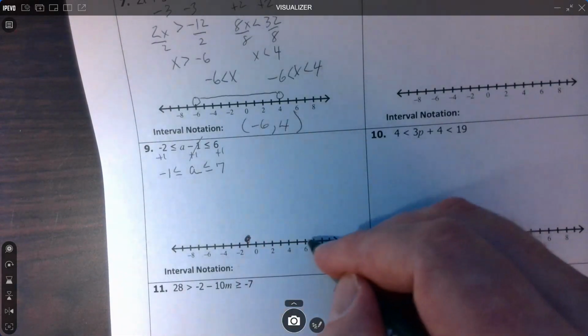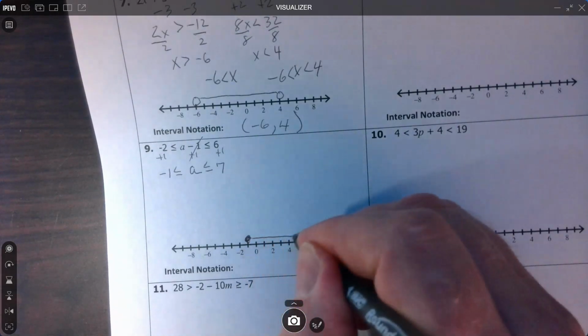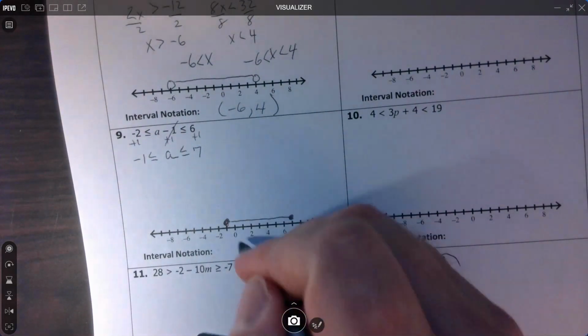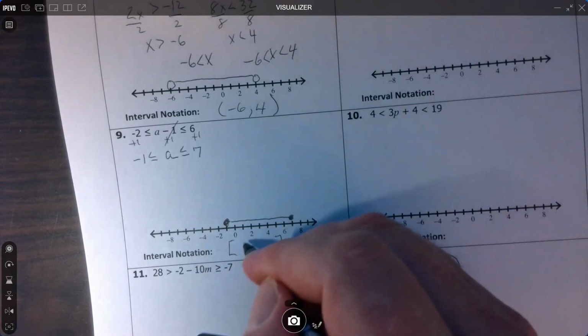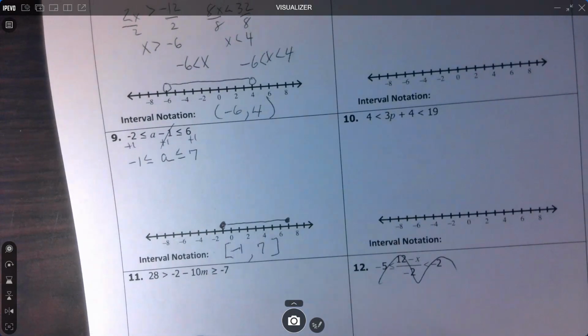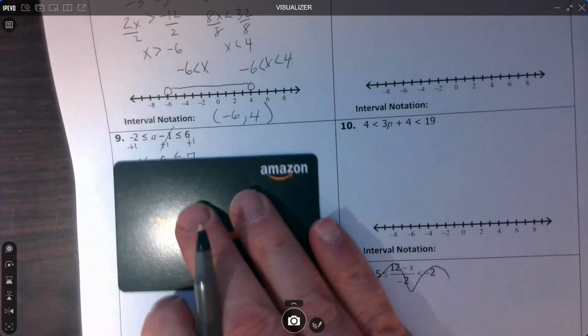The 7, which is also a closed dot, is the equal to. And then I draw my line. Since both of these are equal to's, I got brackets. And I'm starting at -1, and I'm going to 7. And that's it.